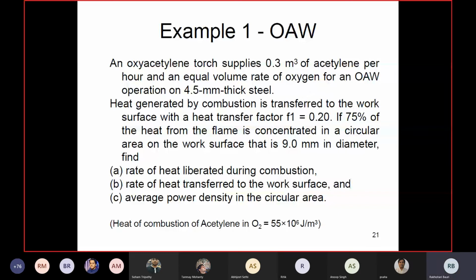If anybody still has any doubt about why carbon monoxide is not considered, for your information, the heat of combustion of carbon monoxide is about 283 kilojoule per mole, and for acetylene it is 1300 kilojoule per mole. So you can see how much difference there is in heat liberation.